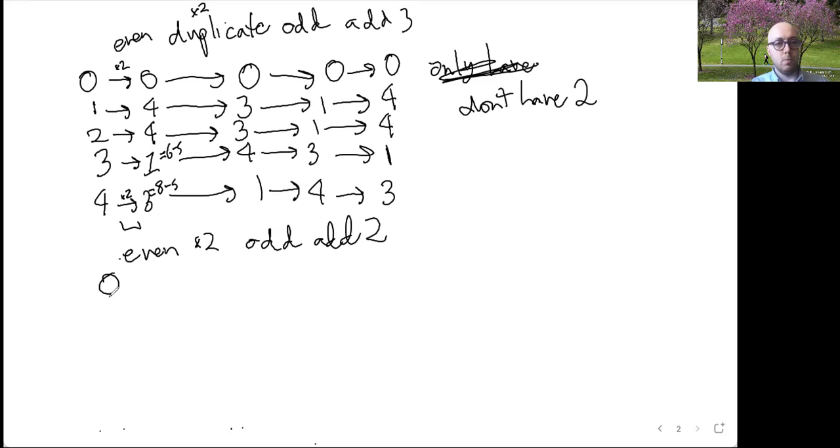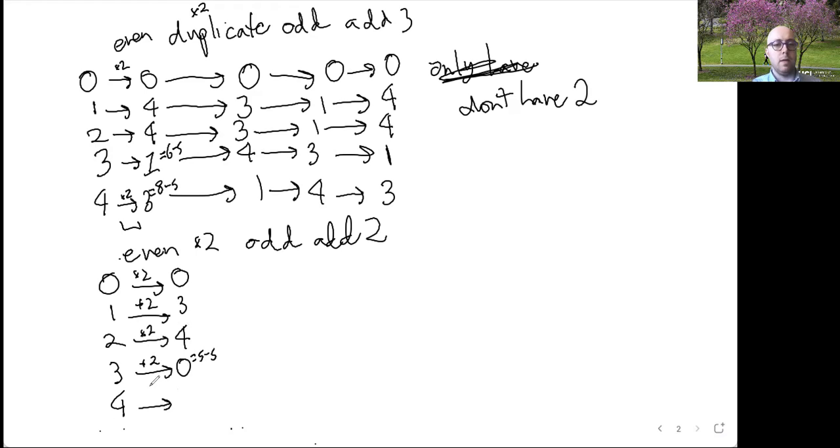If you do that with 0, 1, 2, 3, and 4: 0 times 2 is 0. 1 is odd, so we add 2 and we get 3. 2 is even, so we multiply by 2 and get 4. 3 is odd, so we add 2 and we get 5, which is 0. 4 is even, so we multiply by 2 and get 8, and if we take away 5, we get 3.